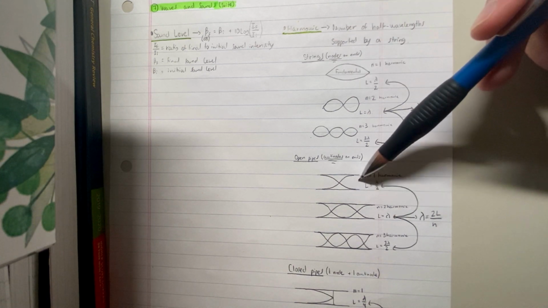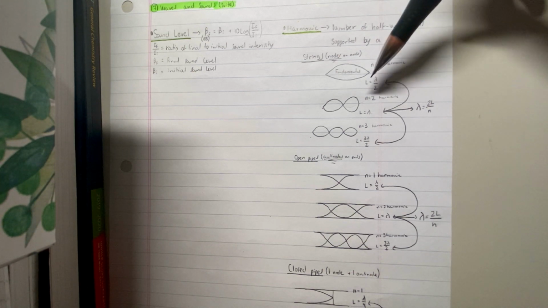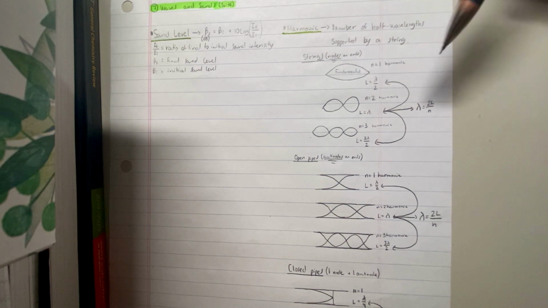There are harmonics that have antinodes on both ends. And then there are open pipes, and closed pipes, which have one node and one antinode.